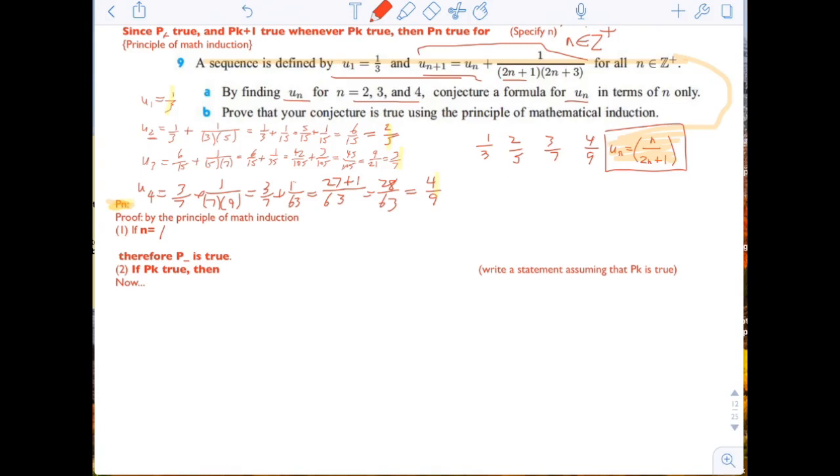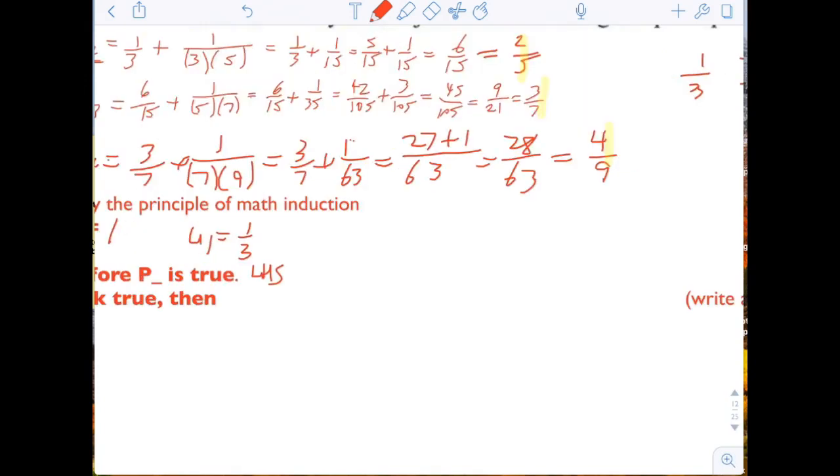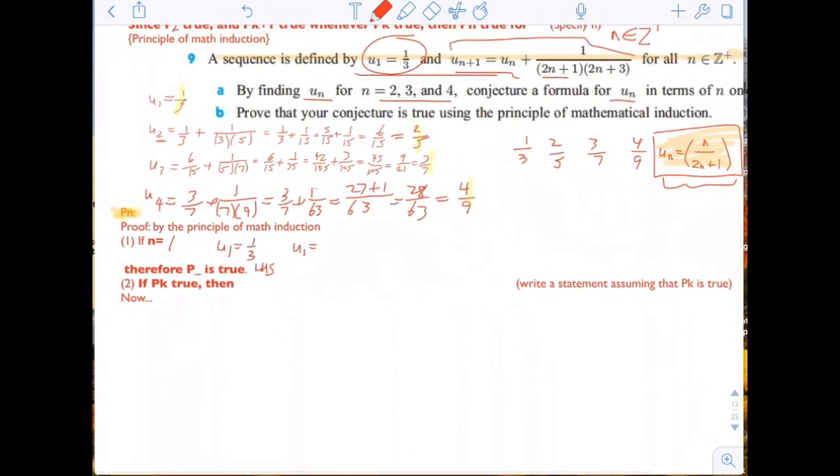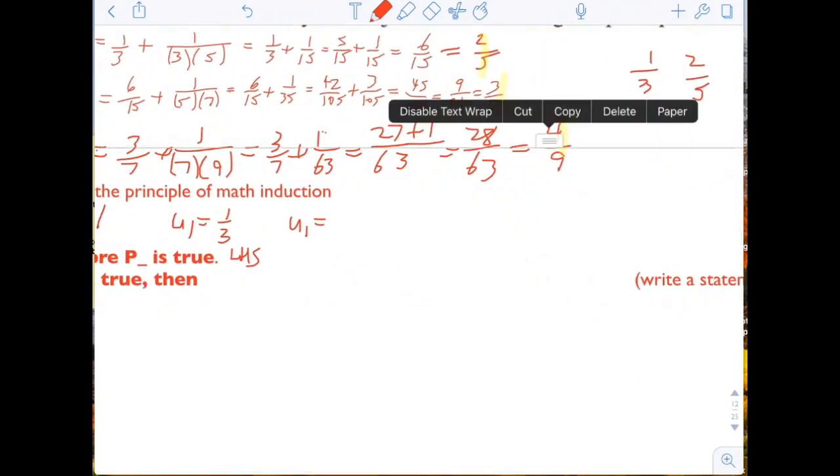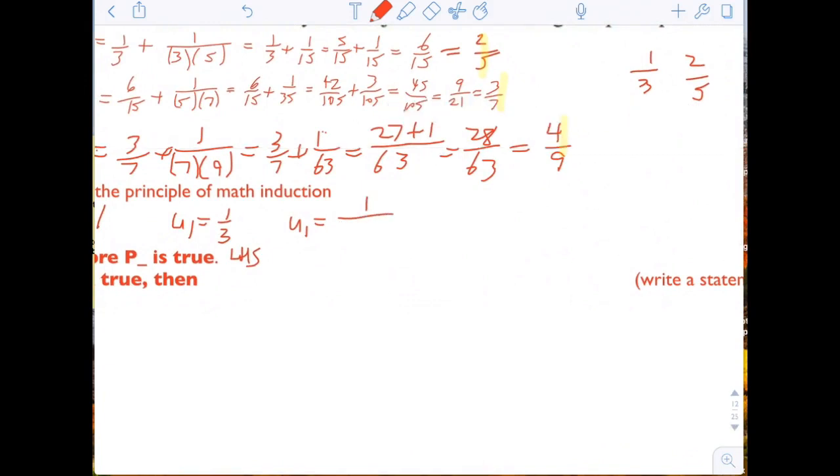So let's try to prove that true. If n equals 1, then u1 is equal to 1/3, which we know from here. That's the left-hand side. And the right-hand side, we calculate u1 using this formula: 1 divided by 2 times 1 plus 1, which is also 1/3.